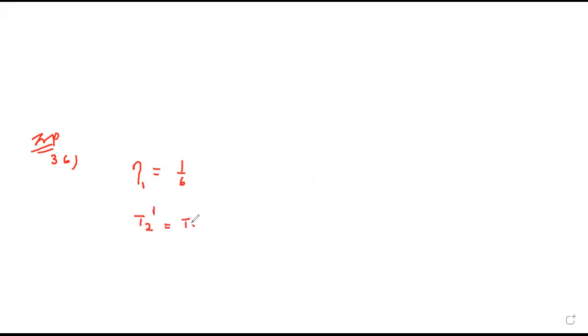So T2 dash is T2 minus 62. Then efficiency is doubled. That means it is twice of 1/6, that is 1/3.